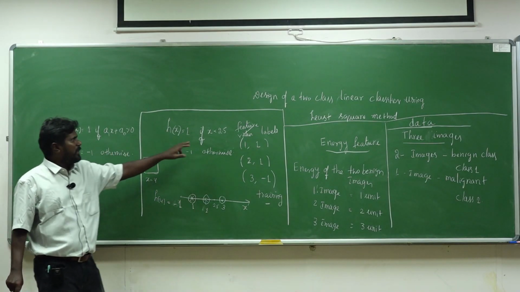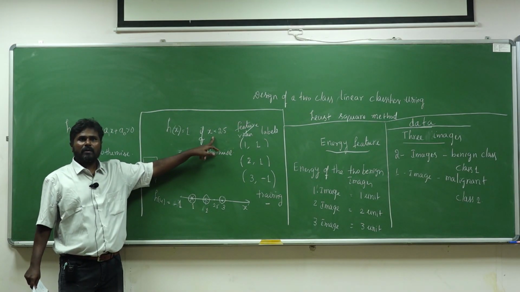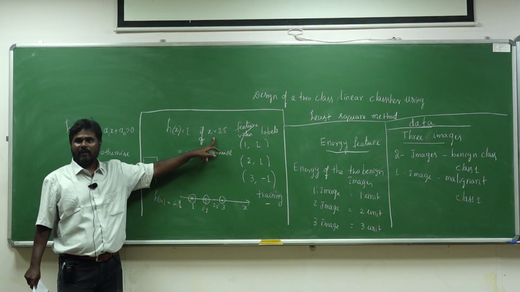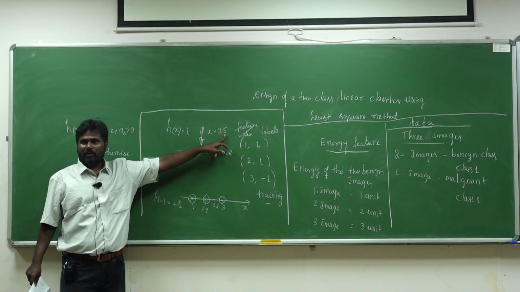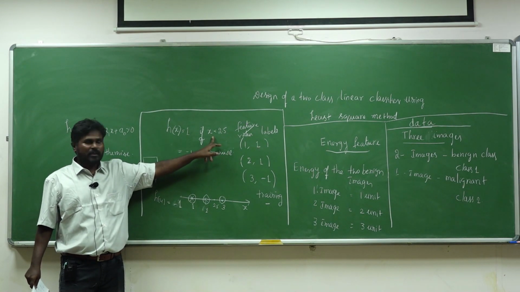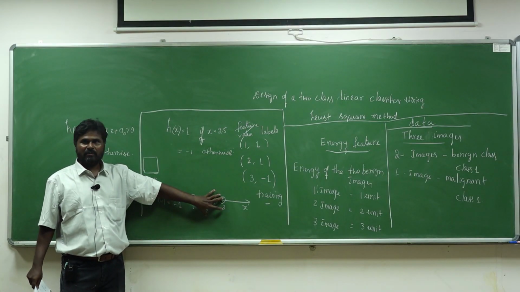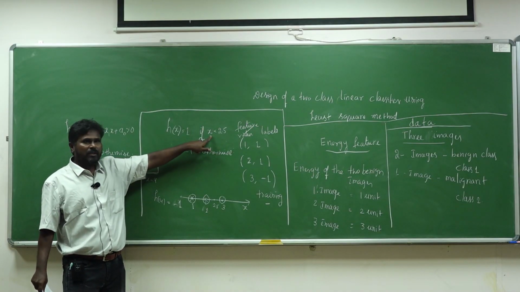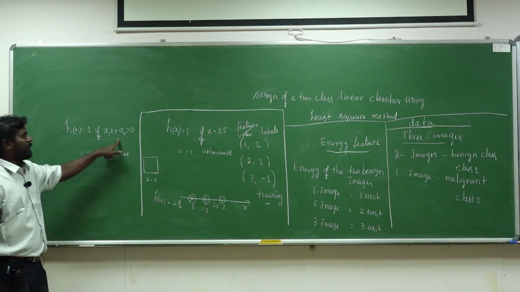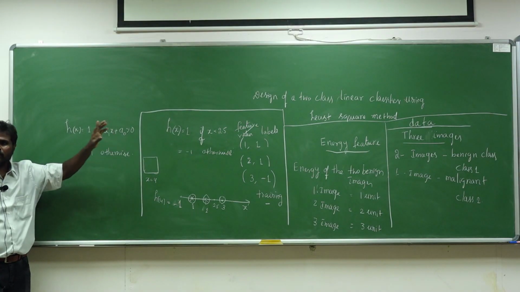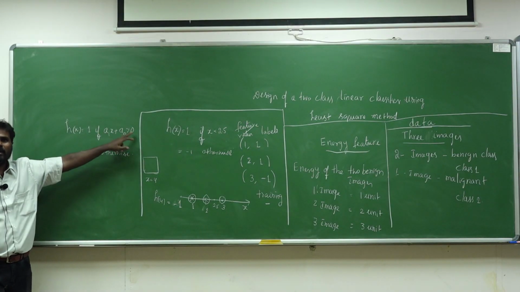The function that you see here is just x. The threshold that we have kept here is 2.5. In general, since we are looking at a one-dimensional feature, the function can be something like this. And without loss of generality, you just keep the threshold as 0.